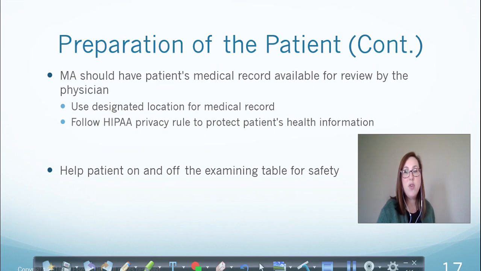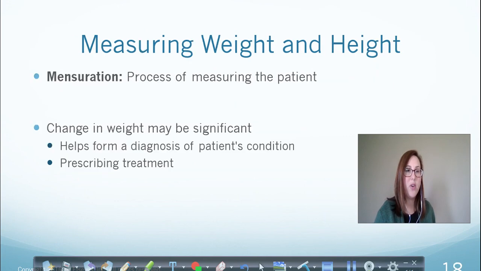So if you have the medical record in the room, that the patient can only see their record and not maybe the daily schedule for the physician. Again, helping the patient on and off the exam table for safety. Maintaining that privacy is just a very important part of our process.